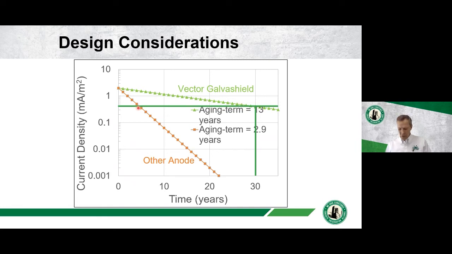If you only want it to last, say, 5 years or thereabouts, you can start with this anode with a shorter aging term and still achieve that. If you want to achieve this criteria with this anode, but you want to have 10 or 20 or whatever years, then you're just going to either have to add more anodes or basically start at a higher point so that you're crossing over your minimum requirement at the appropriate location.